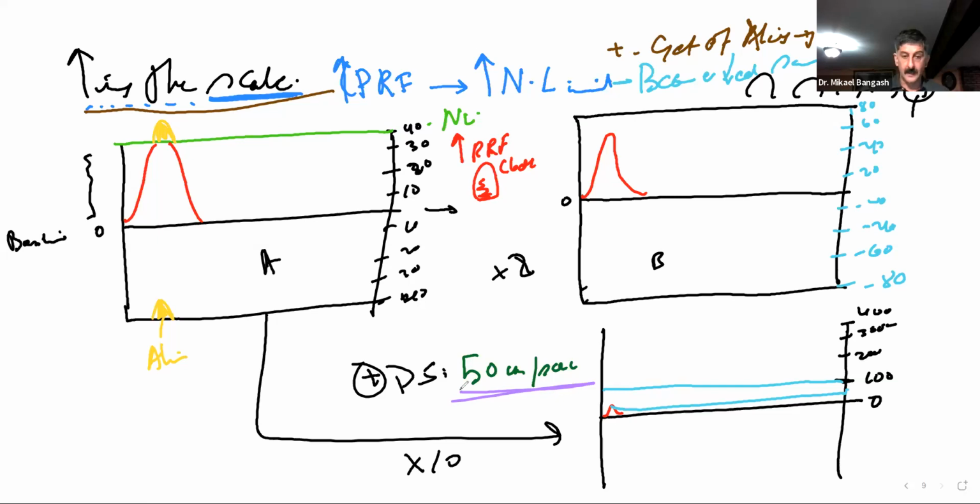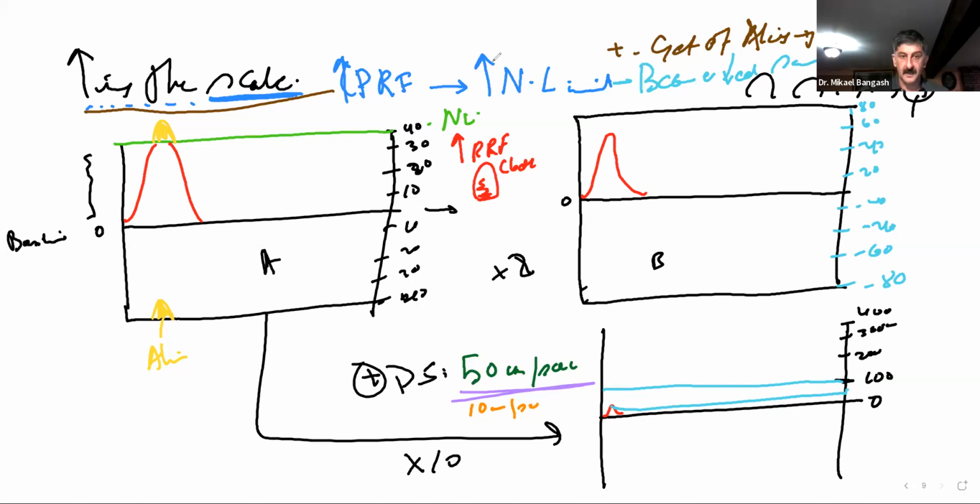Because in this blood vessel here you had a Doppler shift of 50 centimeters per second. There might be a neighboring blood vessel where the speed was lower, let's say 10 centimeters per second.